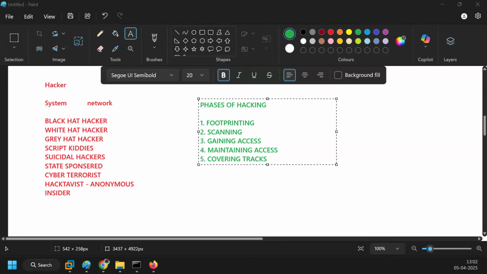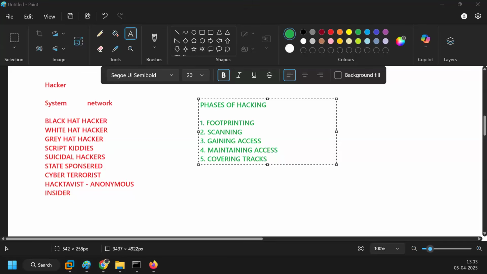Because whatever activities we are doing over there, all the things will be getting recorded inside of our target system as a log. Logs are the treasure trove that provide us information about what happened, when it happened, and how it happened. So forensic people will be able to find the information about it.